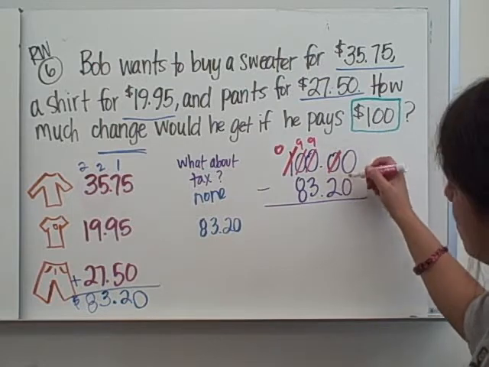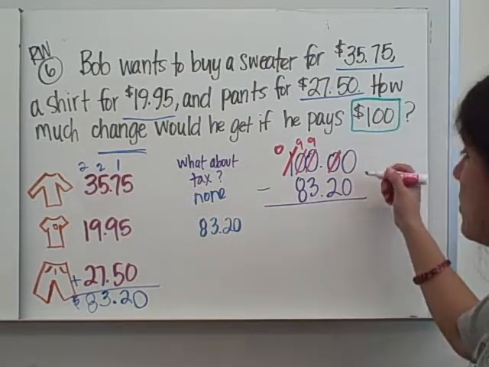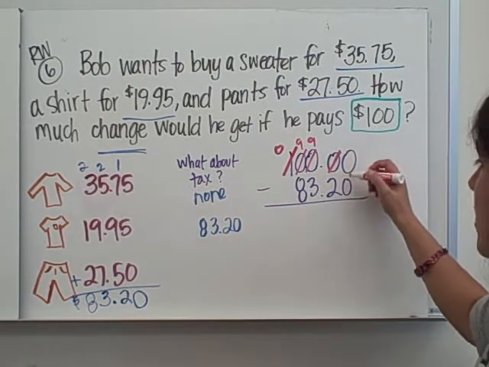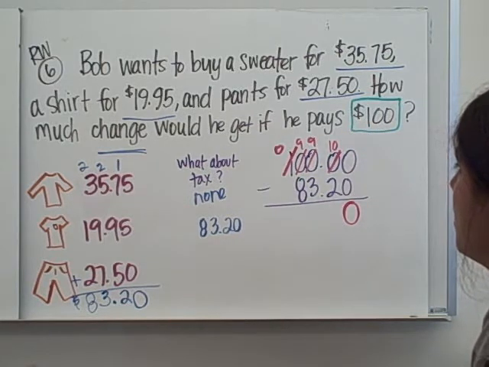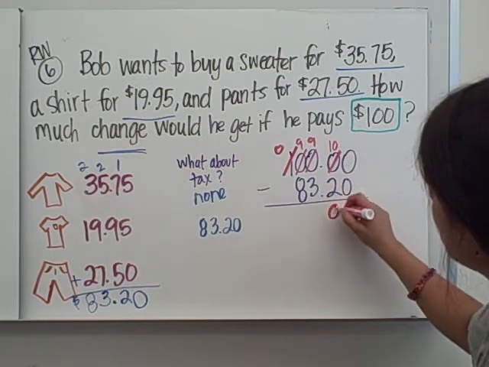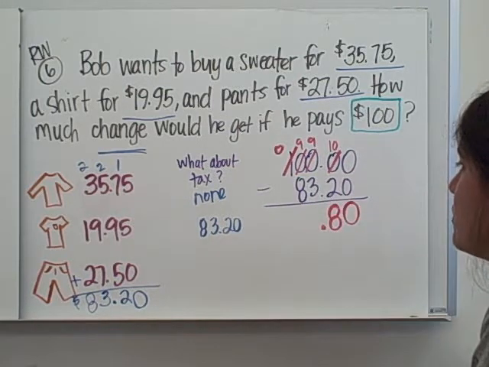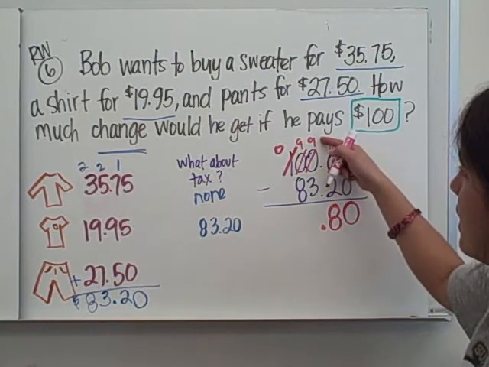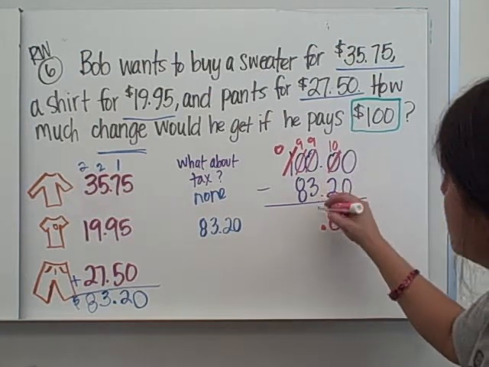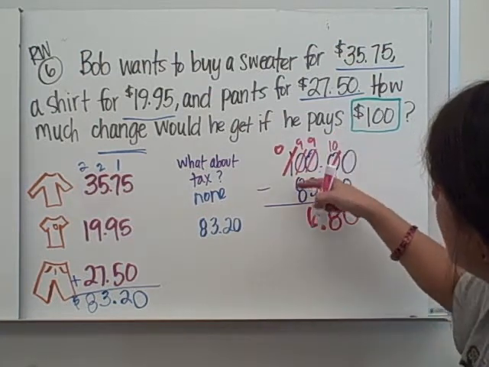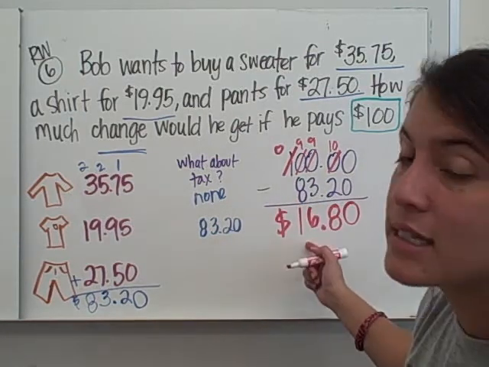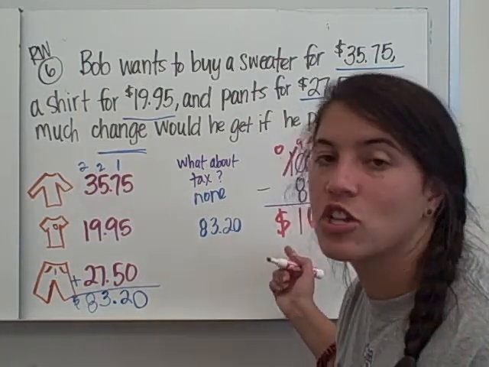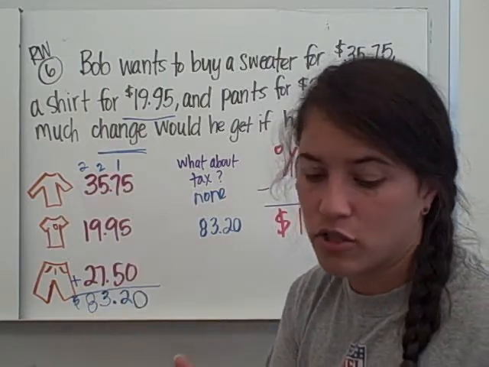And actually, you could do 0 minus 0 is 0. And this would become a 10. So 10 minus 2 is 8. Bring down your decimal. 9 minus 3 is 6. And 9 minus 8 is 1. So it looks like he'll be getting $16.80 change from his $100 bill.